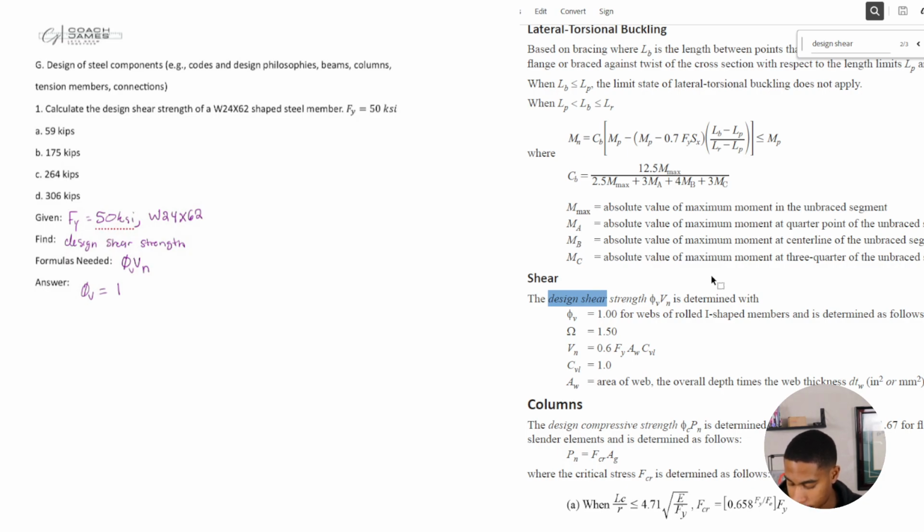V sub n is what we're solving for, or rather, we're solving for phi sub Vn. So if I have phi sub V and I multiply it by V sub n, I can get my answer. V sub n is going to be 0.6 Fy Aw Cv1. Do I know any of these variables?